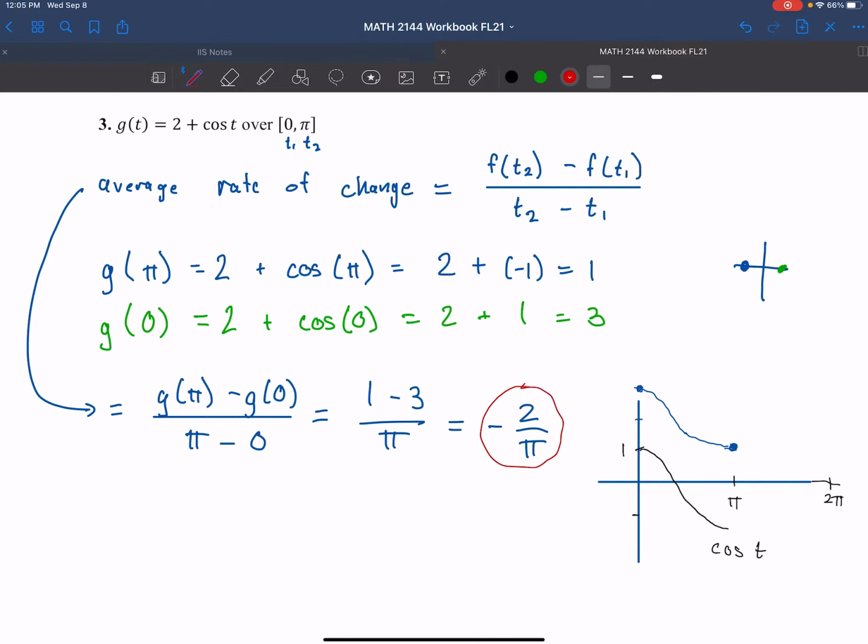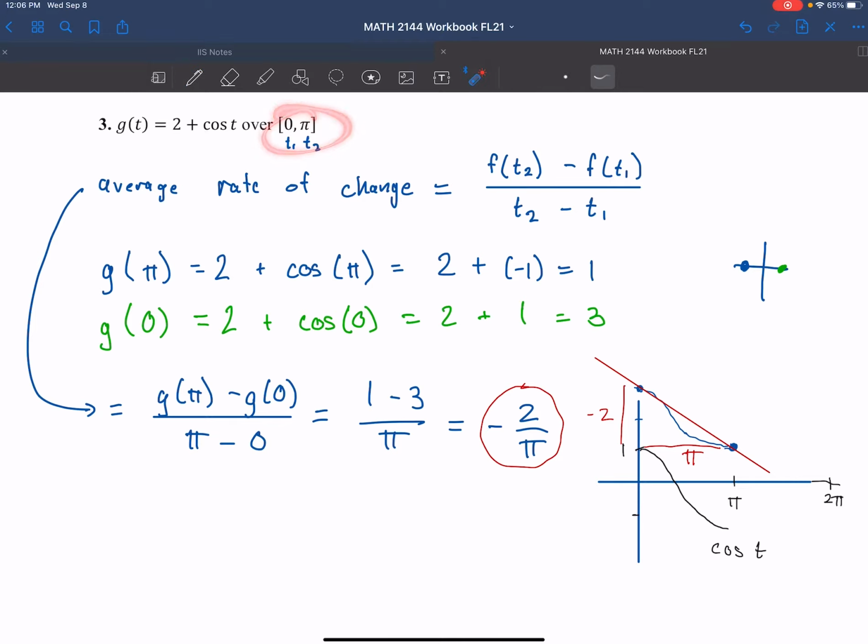It is a rate of change. It's the slope, and more specifically, it's the slope of this red line right here. Notice, what is the slope? Down 2. I rise -2, and then I run pi. That average rate of change is essentially we draw a line through the points at the endpoints of the given interval.